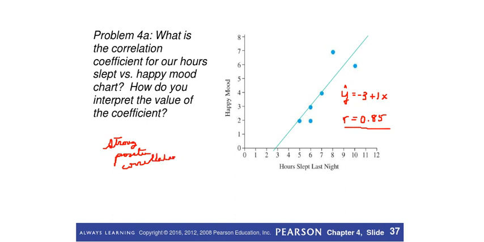And what it means to us is that if we were in the business of trying to predict, our best fit line would be a pretty good predictor of whether more sleep meant a happier mood. We could say it should be pretty effective here. That's a pretty strong correlation.